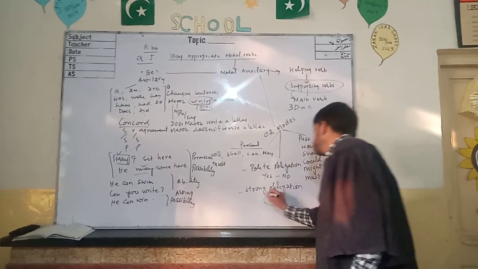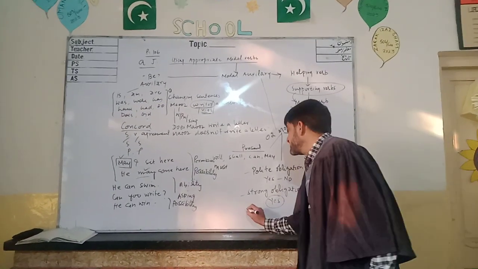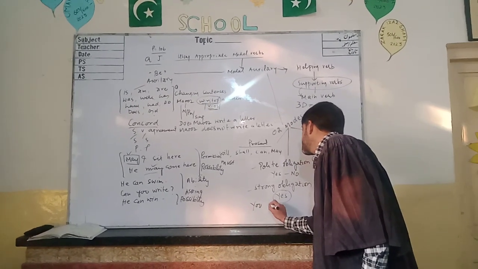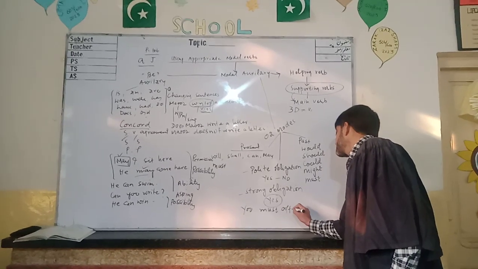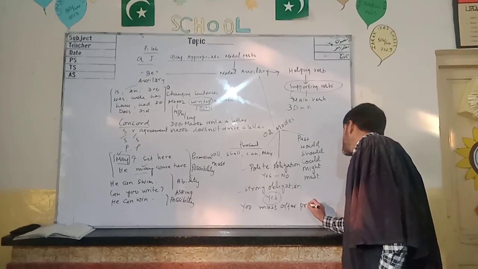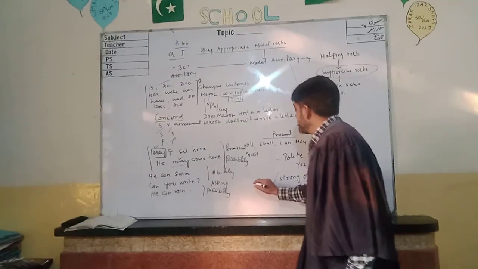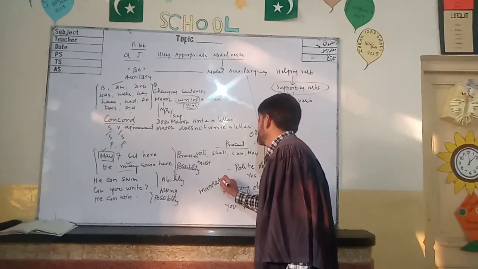There is no space for no. For example, if your father says that you must offer prayer. Now this is called strong and it is known as mandatory.